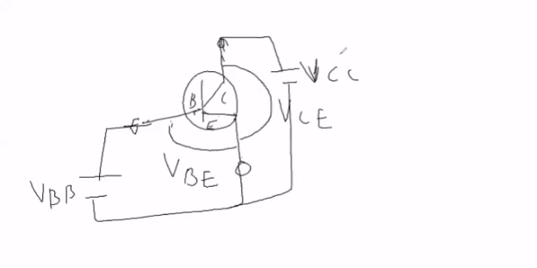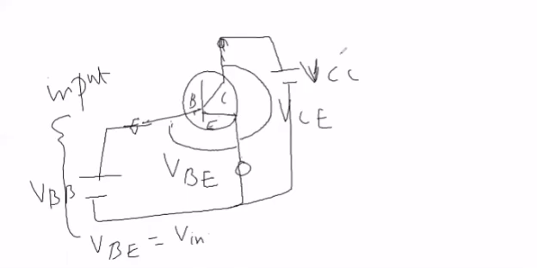This side of the transistor is the input side. So VBE is also known as the input voltage, and the base current IB is the input current.